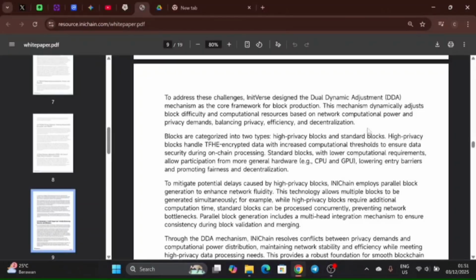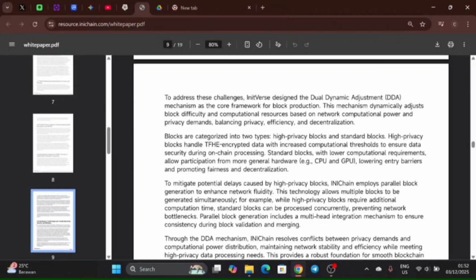Interesting. Blocks are categorized into two types: high privacy blocks and standard blocks. They intelligently classify the data into these types.